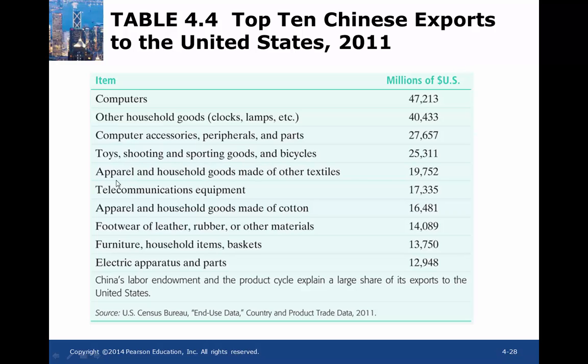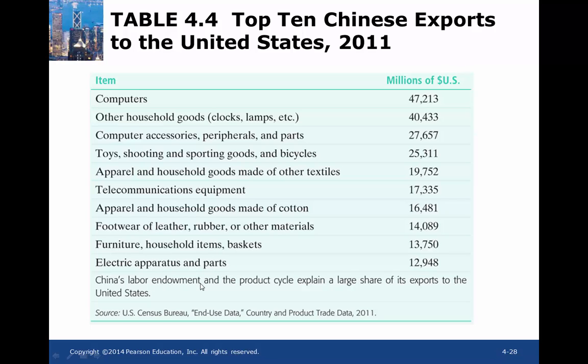and bicycles, apparel and household goods made from other textiles, telecommunication equipment, apparel and household goods made from cotton, footwear of leather, rubber and other materials, furniture, household items, baskets, electric and other parts.